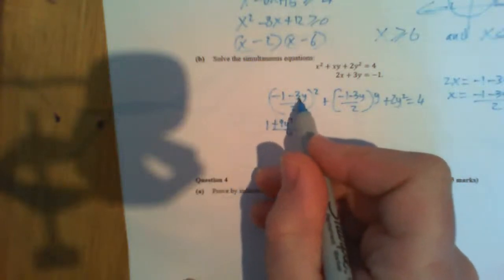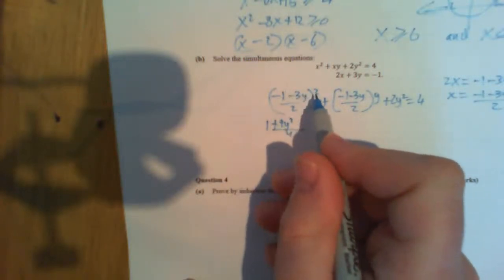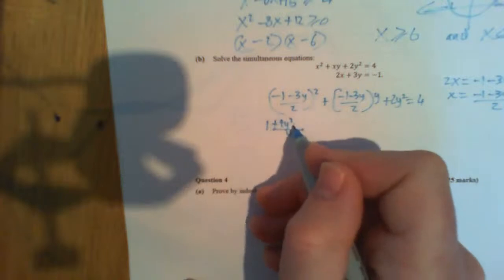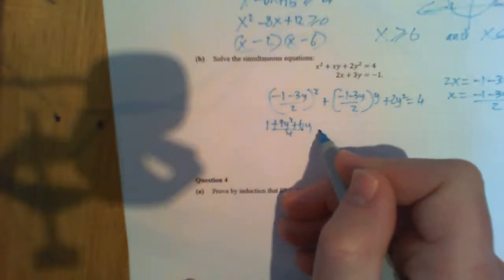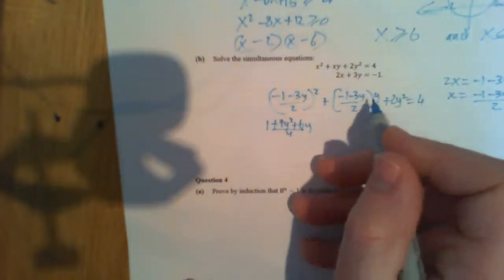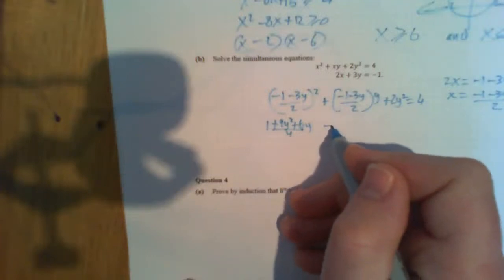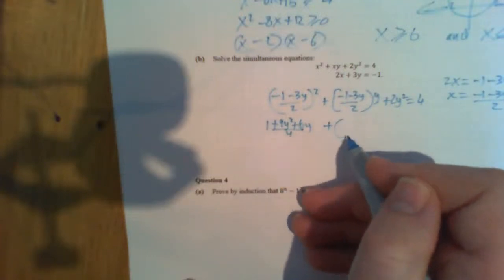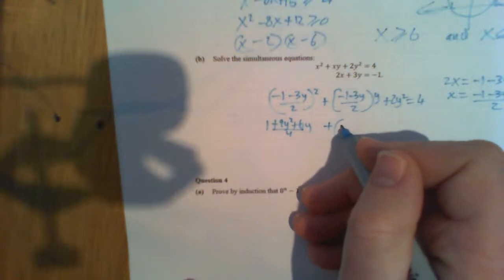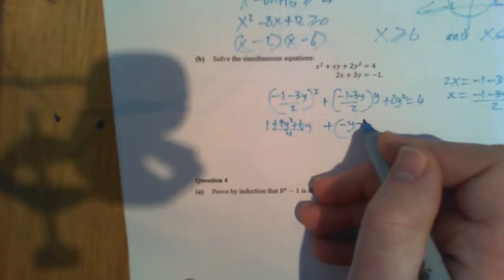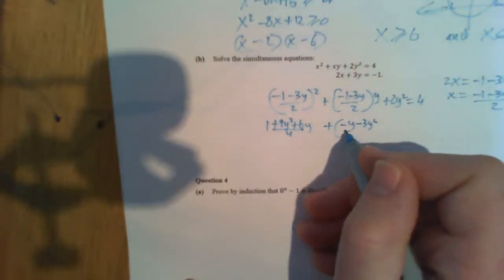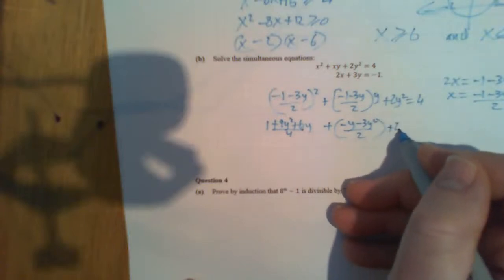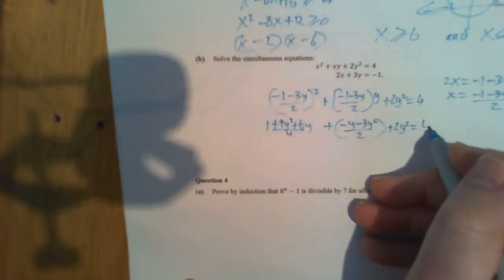Minus 1 times minus 3y is plus 3y, and double it, plus 6y. Plus, or well, this is going to be a minus. Minus, plus in a bracket. What have we got? Minus y minus 3y squared over 2 plus 2y squared equal to 4.